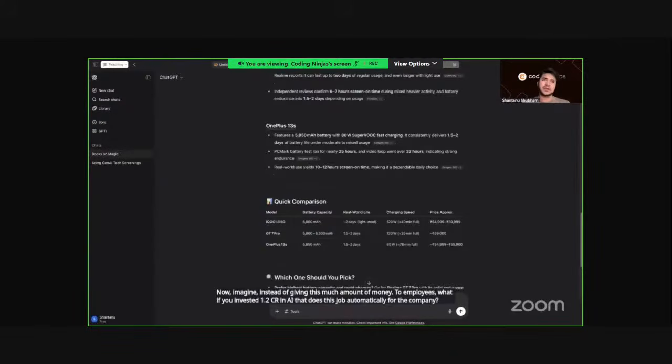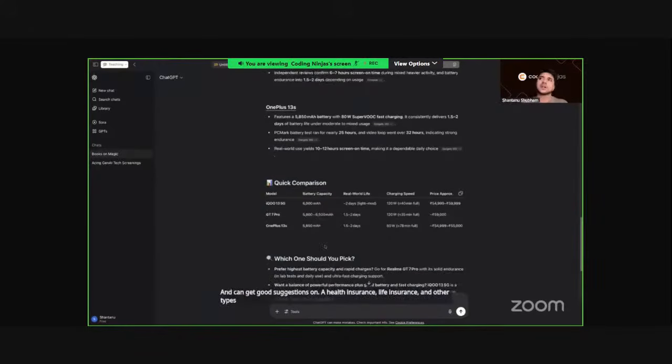So let's say you have a chatbot, or a text box on the homepage of your xyzinsurancecompany.com, and there a customer can write what kind of insurance they're looking for, what their age, weight, height, health habits are, and can get good suggestions on health insurance, life insurance, and other types of insurance that he or she needs.